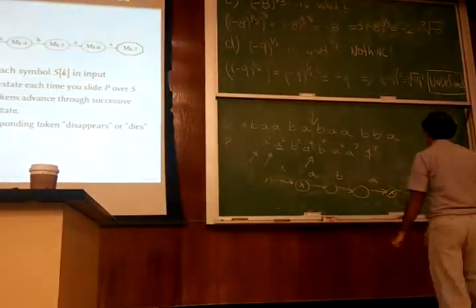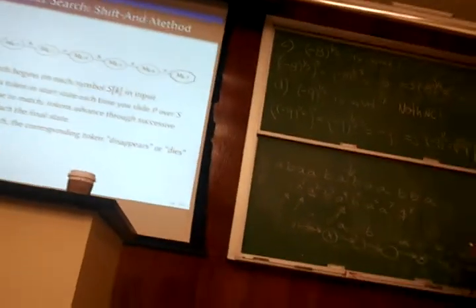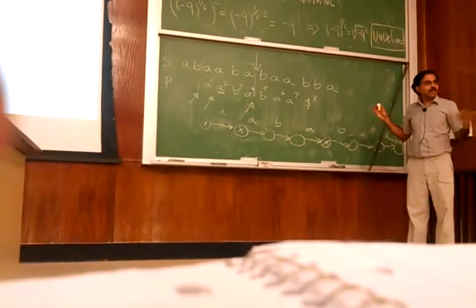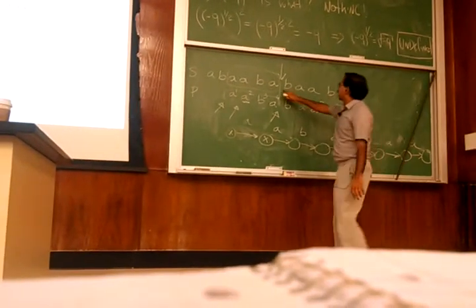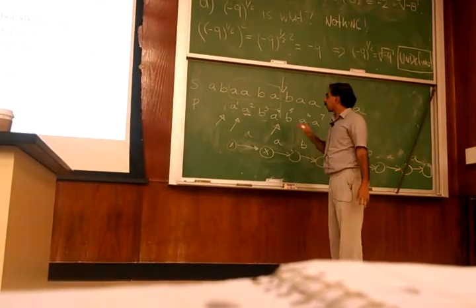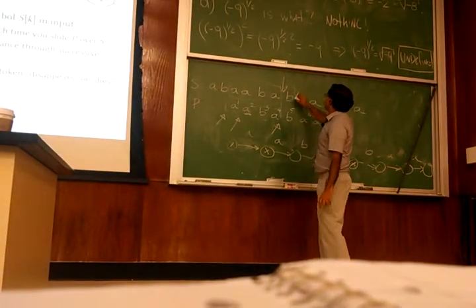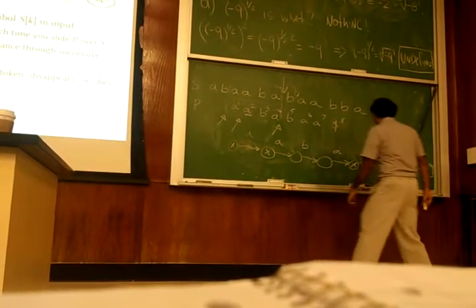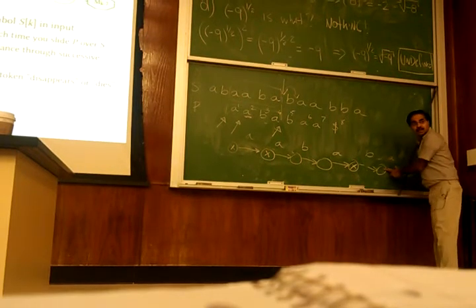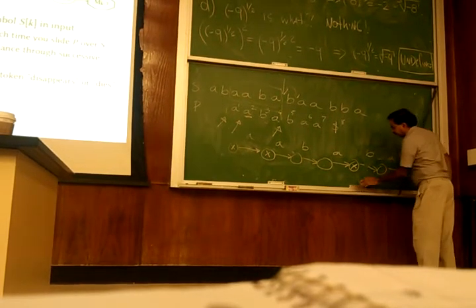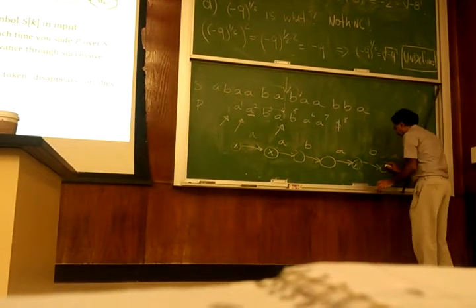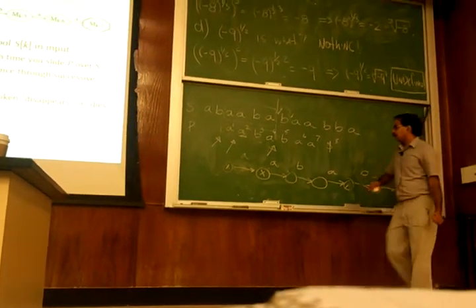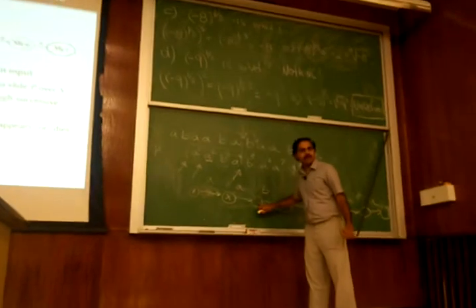So we are going to maintain these tokens, and each time we see a symbol, we are going to advance the tokens, and otherwise they die. Let's say over here we see a B. So if you see a B, this token can advance, so we are going to advance this token. Now, can this token advance too?